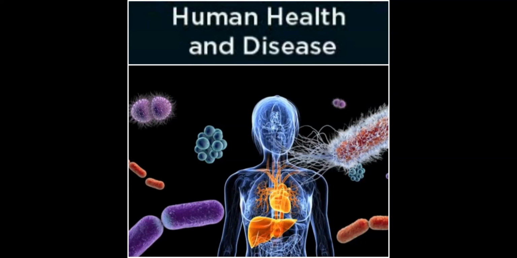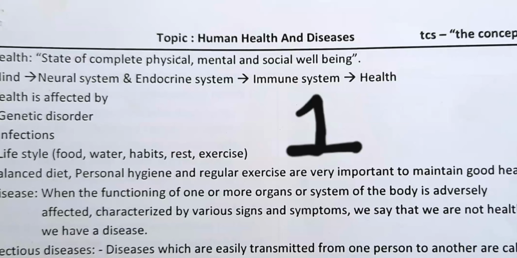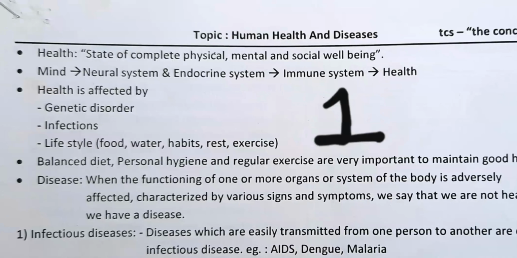If someone is good at all these three aspects, they have good health, or if one or more such aspects are not working properly, then he or she does not have good health. So yes, the textbook definition, again I am repeating: the state of complete physical, mental, and social well-being is called health.